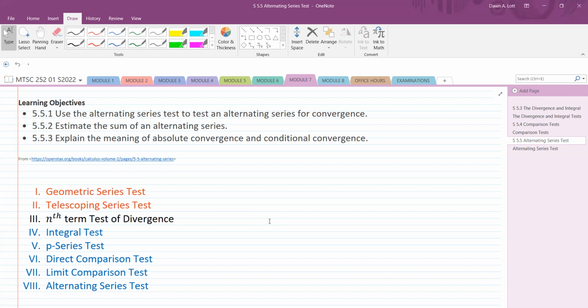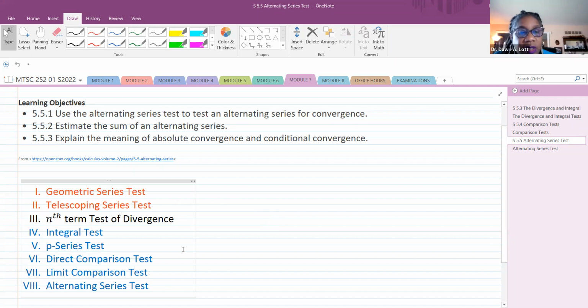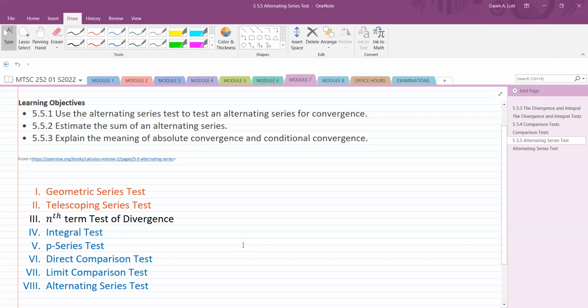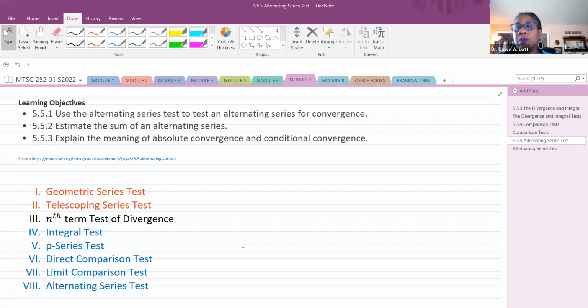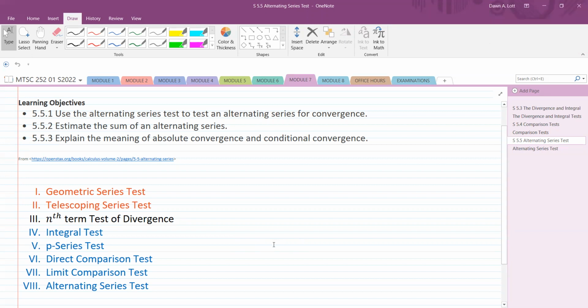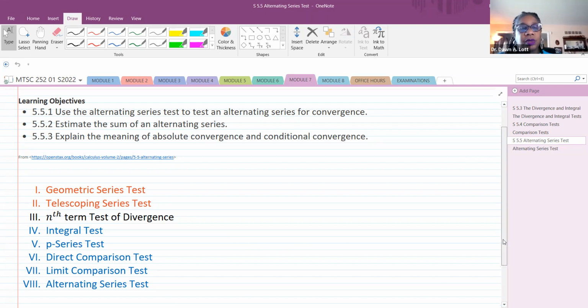I said the direct comparison test. Okay, so it is the direct comparison test. You are comparing your series with another. Okay, which of these series is in a specific form that if the exponent is greater than 1, it will converge? Would that be the P series? That is the P series. Okay. All right, so we're going to go straight into the alternating series.